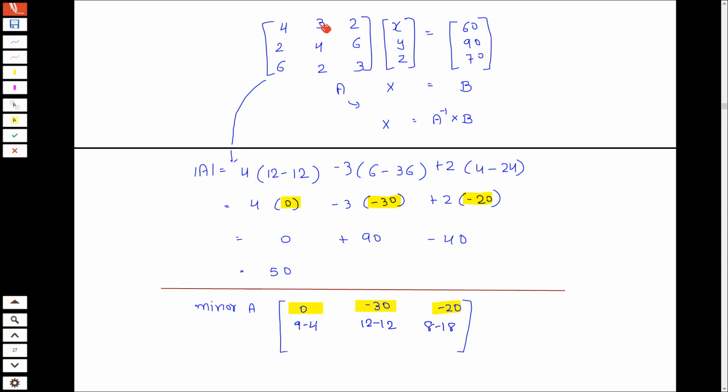Here in this position, I have 6 3s are 18 minus 4 2s are 8. Here I have 4 6s are 24 minus 2 2s are 4. And here in this 3 position, I have 4 4s are 16 minus 3 2s are 6.